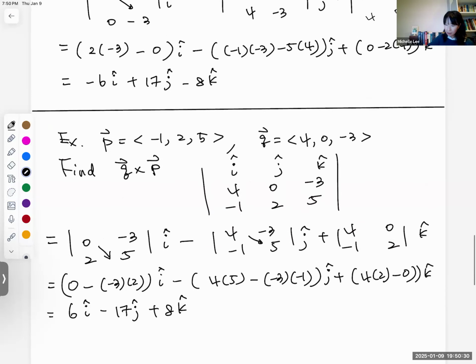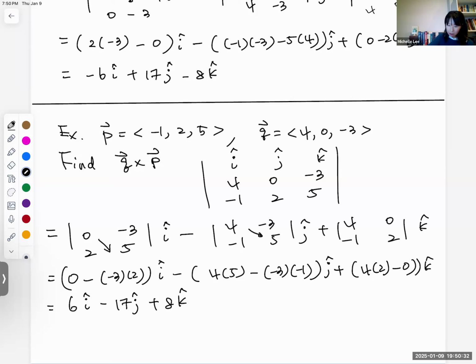Can you see that? This is the cross product of P with Q. This one is the cross product of Q and P, right? So what can you tell? Only the sign difference, right?